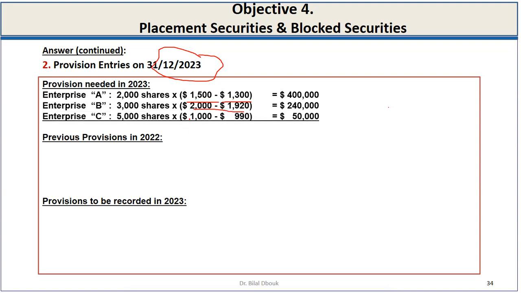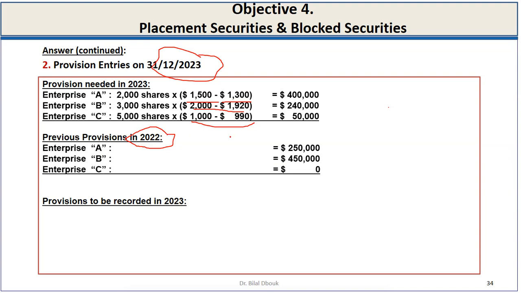For C, I have a decrease of $50,000. I have a total provision of 400 plus 240 plus 50. I have to compare with the previous year 2022. For A, I recorded 250, for B, 450, and for C, 0.